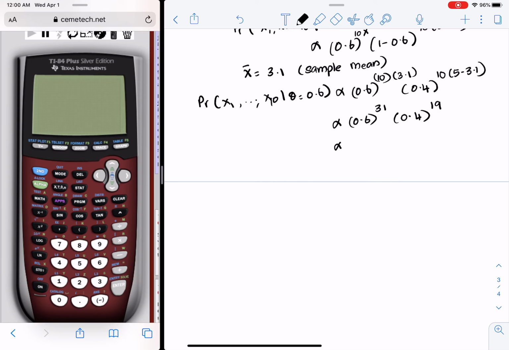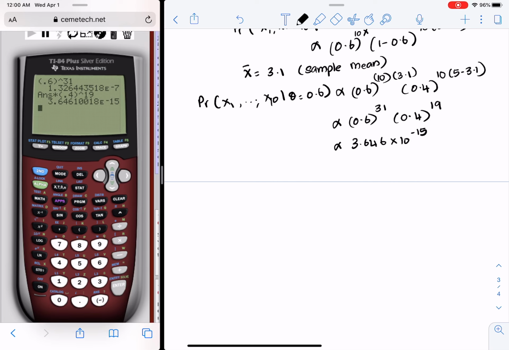This value is proportional to 0.6 raised to 31 times 0.4 raised to 19. And that seems to be a significantly small number, about 10 raised to negative 15.